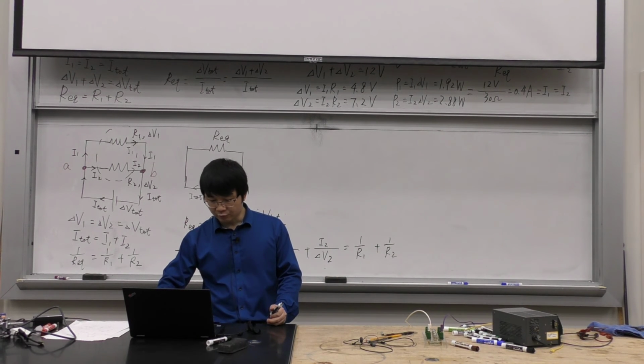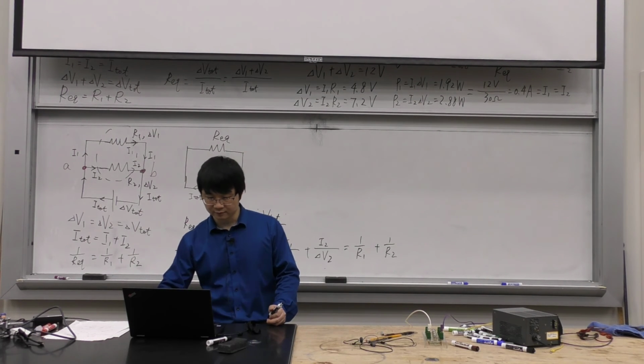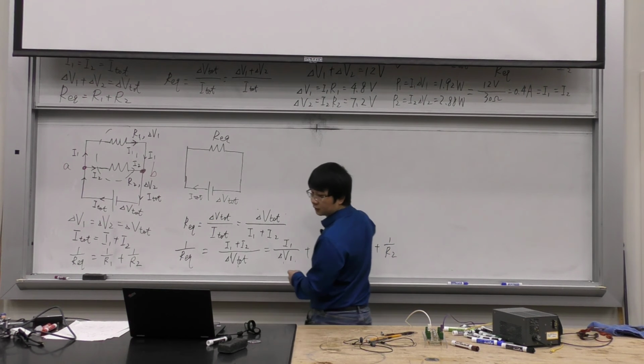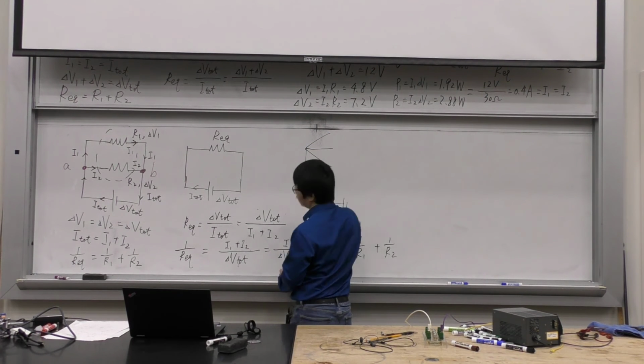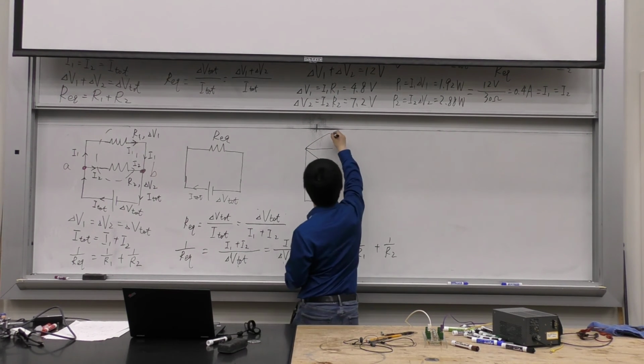Now again, let's practice this theory for a parallel circuit. Let's take a look at the question on slides 6 and 7. So this is a circuit we get. There's a battery, and now we have 3 circuits connected to the battery.